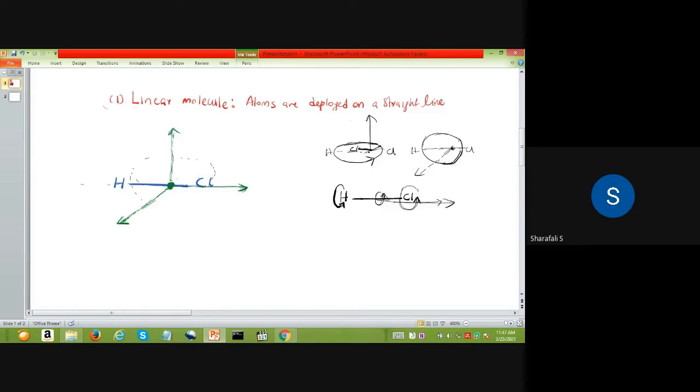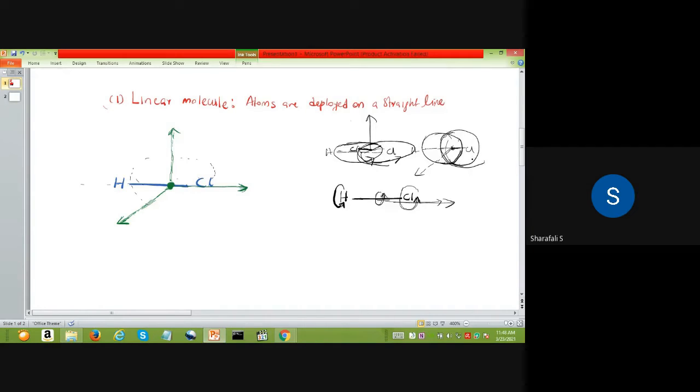When the chlorine is here, the rotation with respect to that axis will be like this. I'm just representing it to understand how it is going to happen. Similarly in this case also.